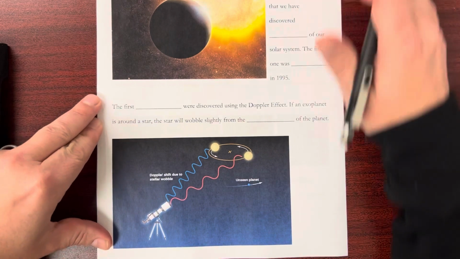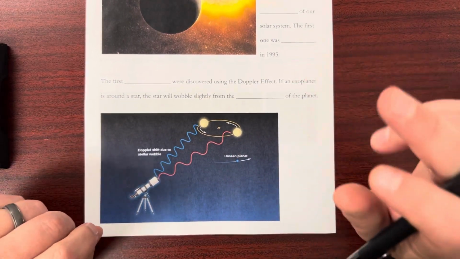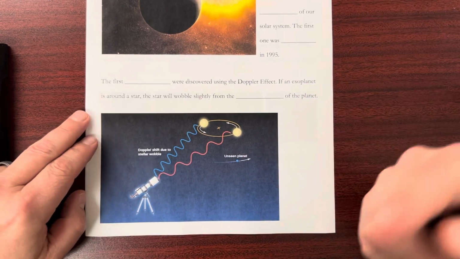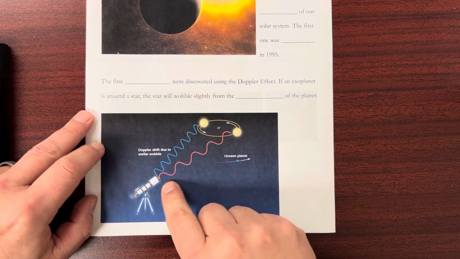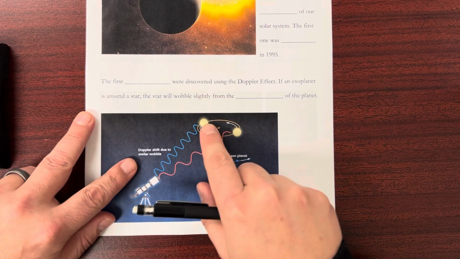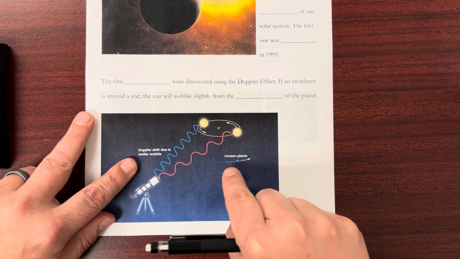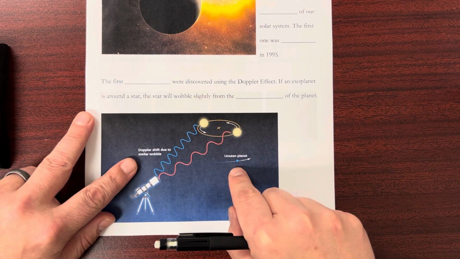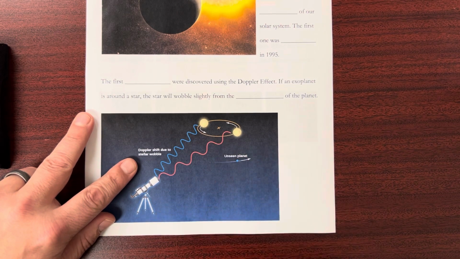Okay, so how did we first find an exoplanet? It was not by using a telescope to see the planet. We had to detect evidence of it. What we see here is a star that wobbles in a certain way because there's a planet going around it. The gravity of the planet affects the motion of the star.